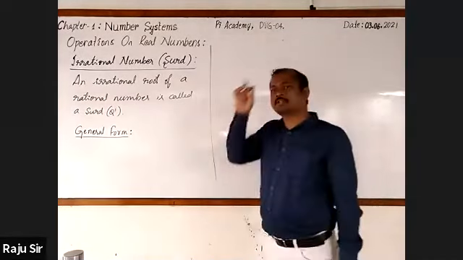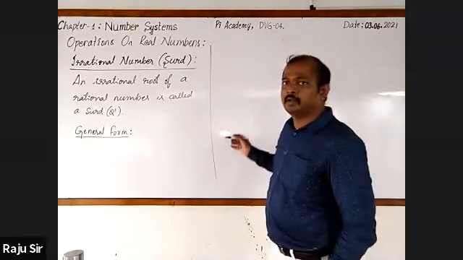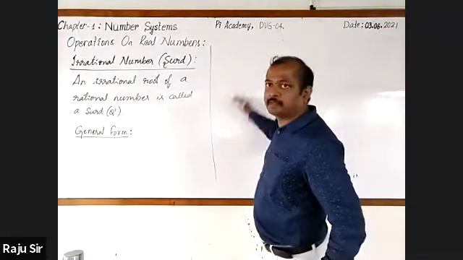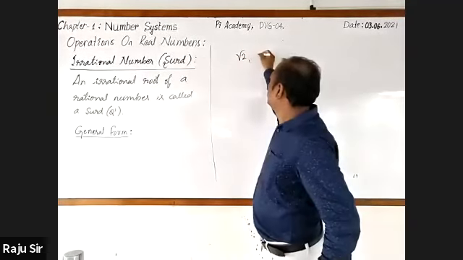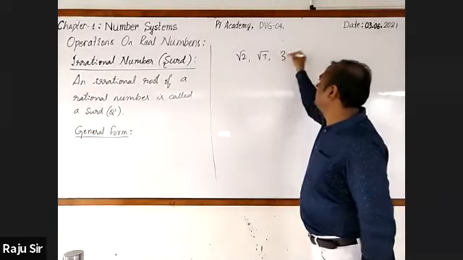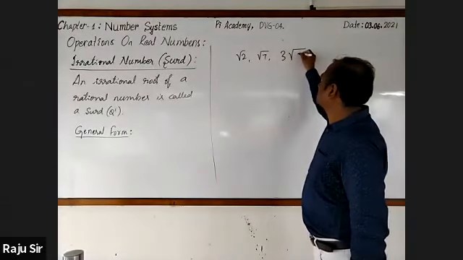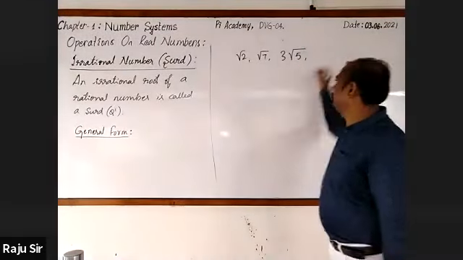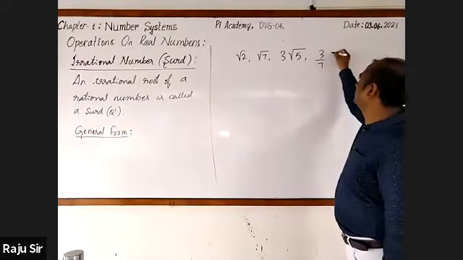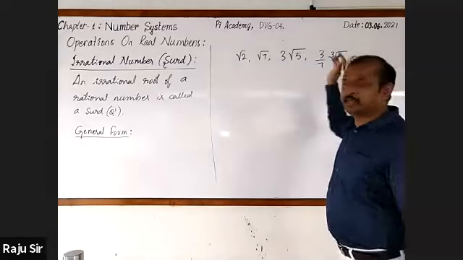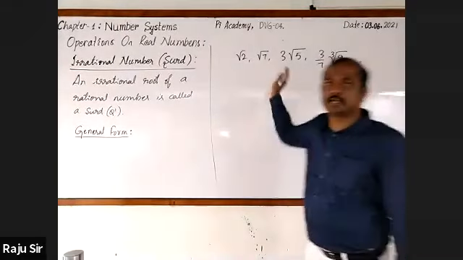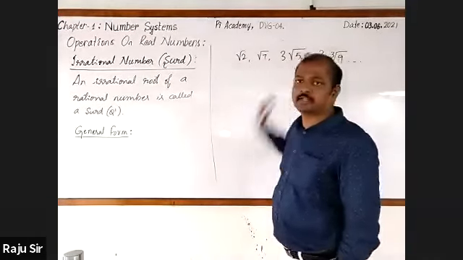Yes, students, just observe it. First, I'll take a few examples. It is root 2 or root 7, 3 into square root of 5, then 3 by 7 into cube root of 9, and so on. Many of them. These are all surds or in general irrational numbers.